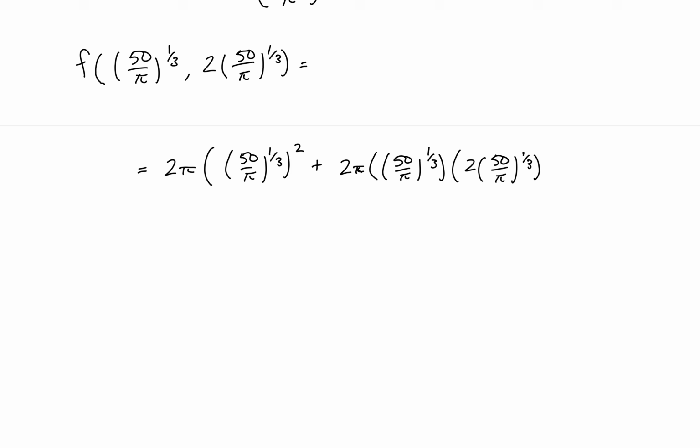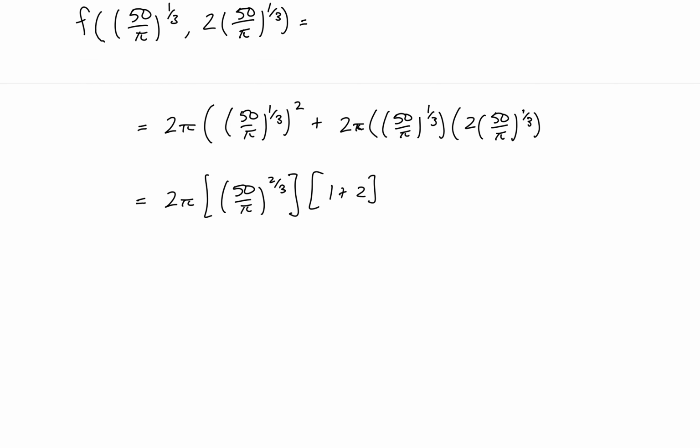And then notice I have a 2 pi in both terms, so I can pull that out front. And then I have a 50 over pi to the 2/3, so I can pull that out front. And then what I'm left with is just 1 plus 2 once I do that factorization.